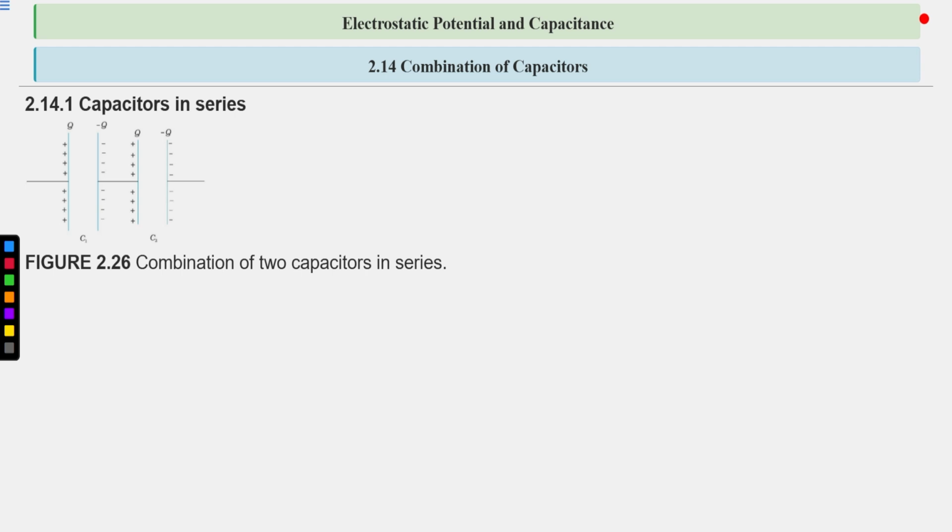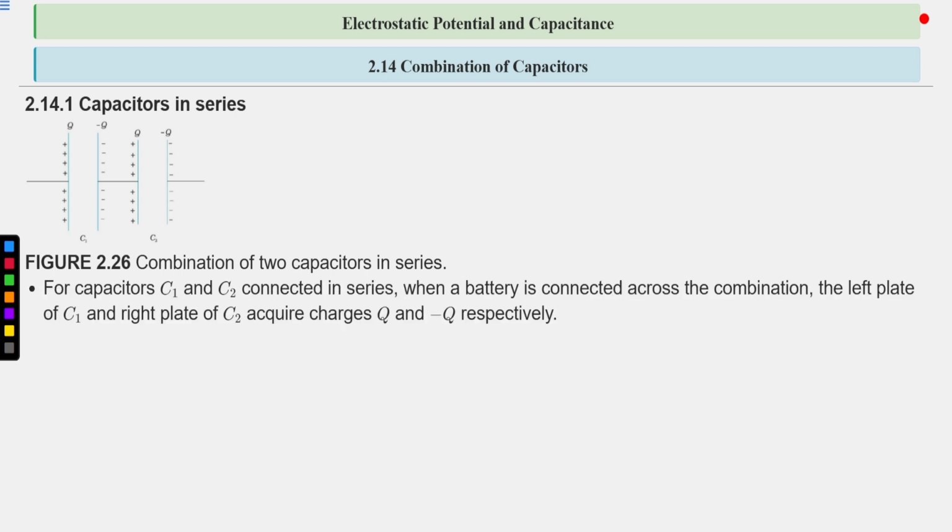This figure shows a combination of two capacitors in series. For capacitors C1 and C2 connected in series, when a battery is connected across the combination, the left plate of C1 and the right plate of C2 acquire charges Q and minus Q respectively.